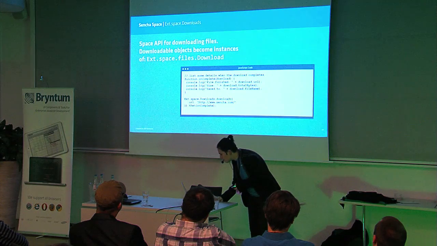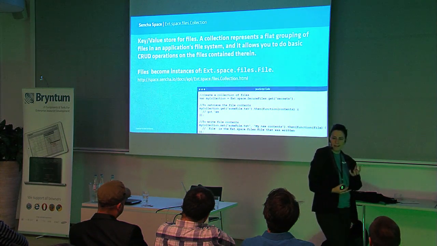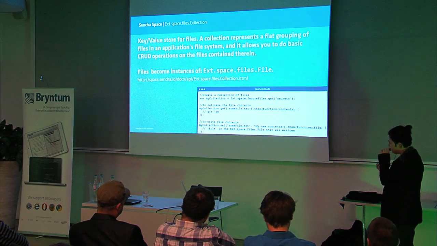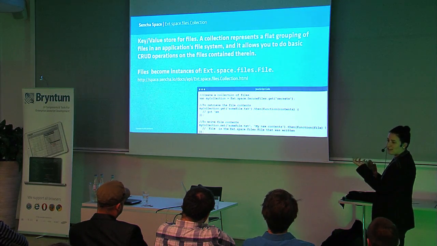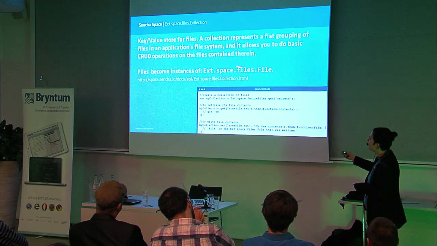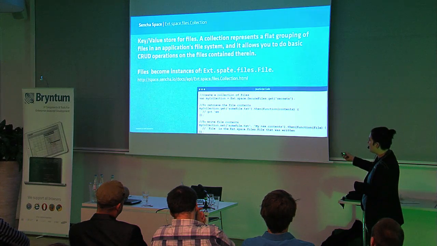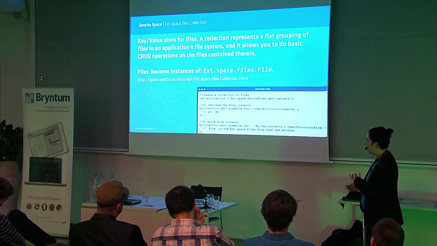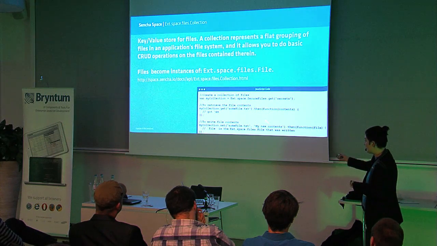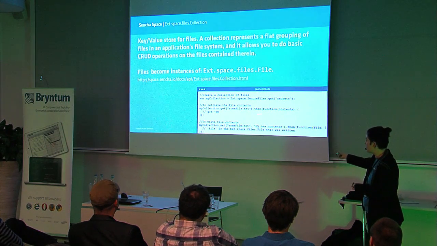That's one. We also have the file collection, which is like a flat group of files. It's like a data store. You have key-value pairs, and everything becomes an instance of Ext.file.File, on which you can make simple CRUD operations. For example, you can get access to the file, and then you can write back.